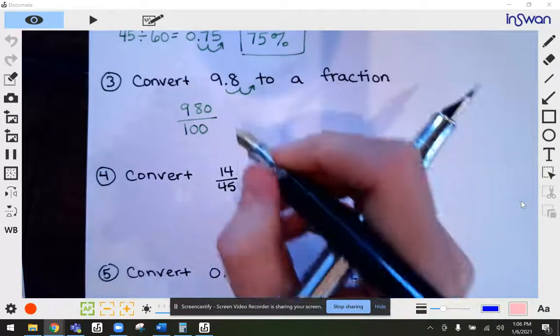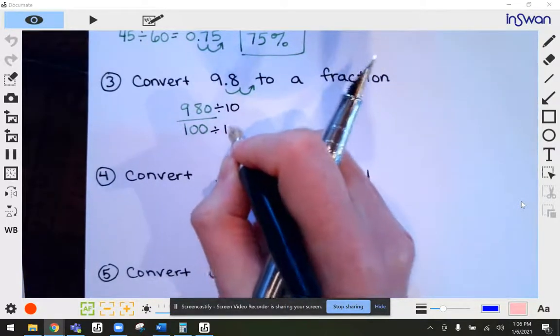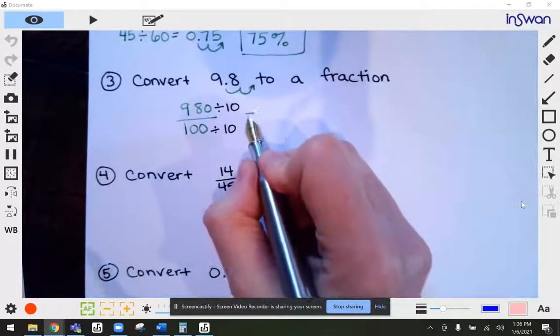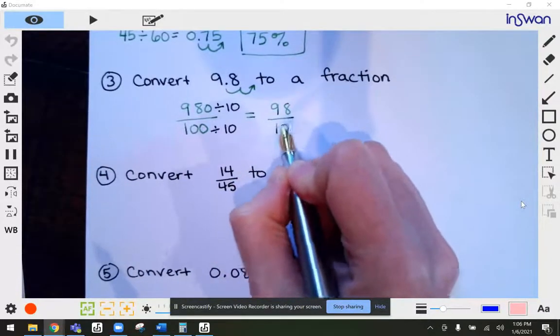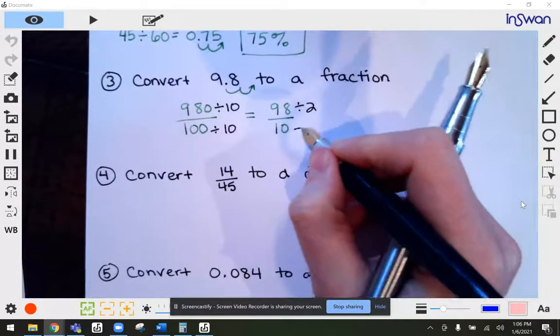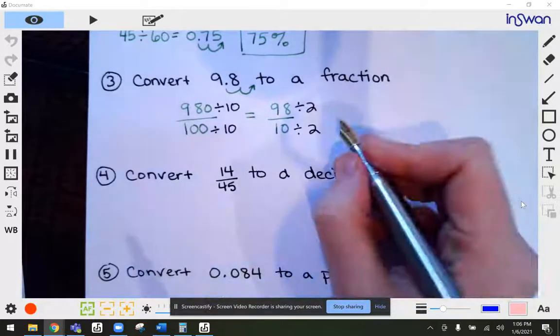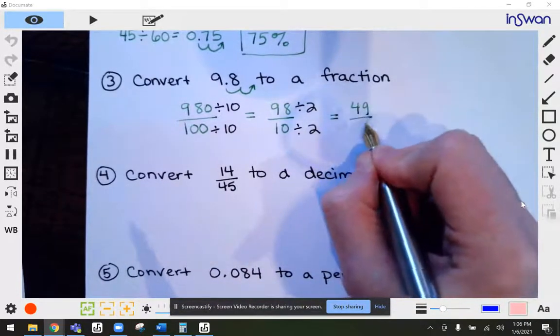I'm seeing they both end in 0. I'm going to quickly divide by 10 to get them to smaller numbers. So that would be 98 over 10. And then I see they're both even, so I'm going to divide by 2. Get that even smaller. And that would be 49 over 5.